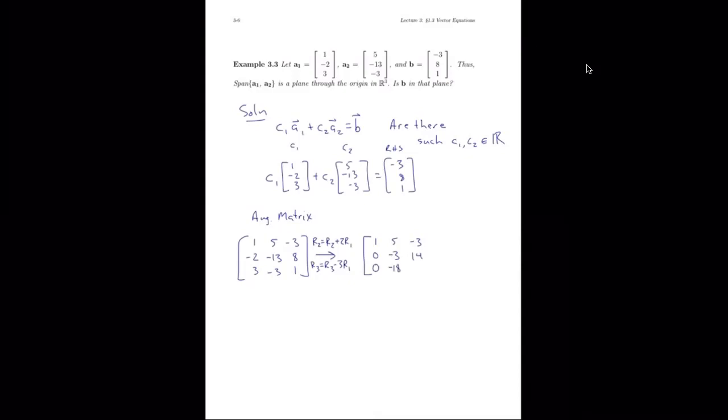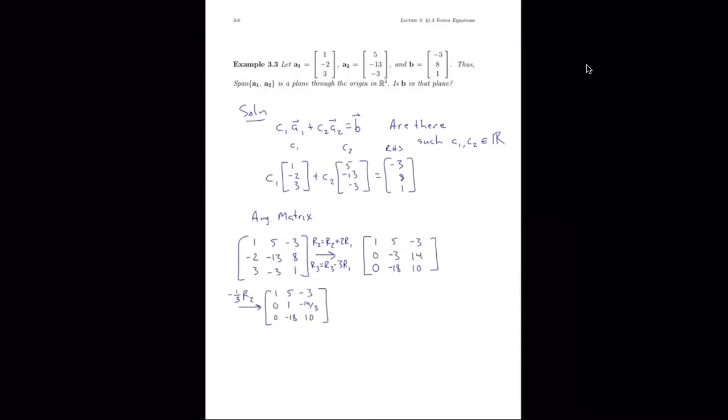And then 1 minus -3 times -3 is 1 plus 9, which is 10. Okay, so now we need a leading 1 in the subsequent row. So let's turn this into a leading 1. We'll multiply row 2 by -1/3. We end up with 1, -14 over 3, 0, -18, 10.